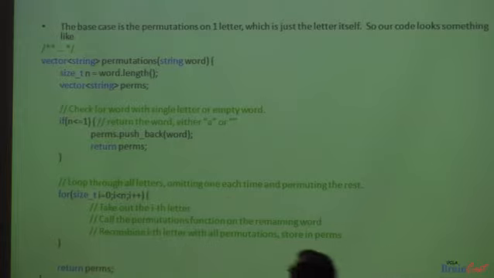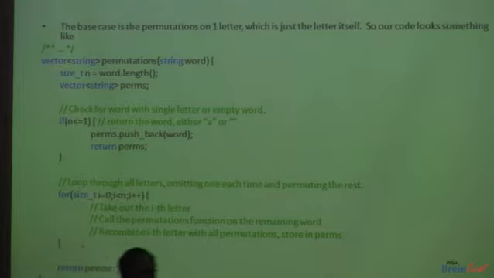Similarly, if the word is the empty string, well, that is still a string object. We want to return that, but inside of a vector. So we're going to return a vector consisting of that word. And that's it. If the word has one character or no characters, you just return a vector of that word itself.